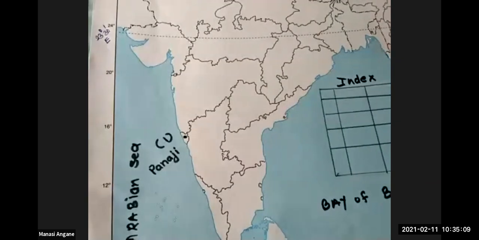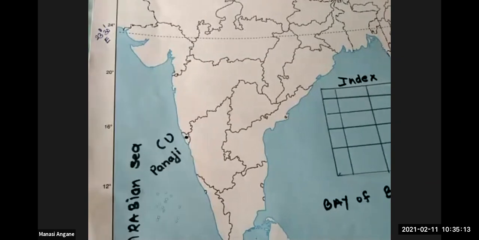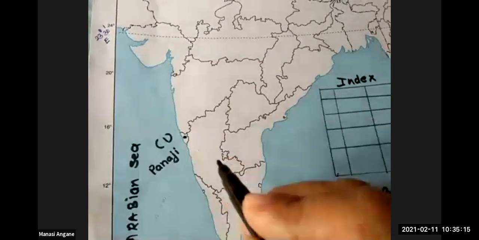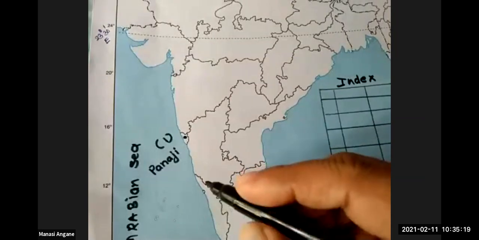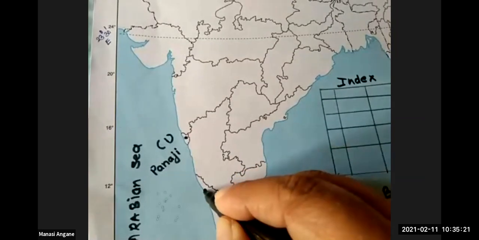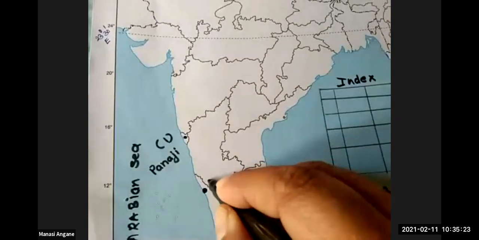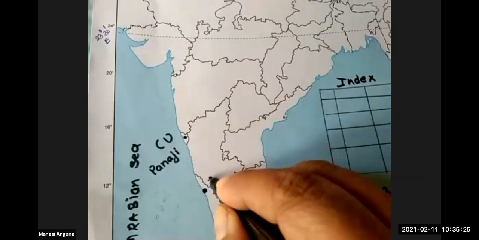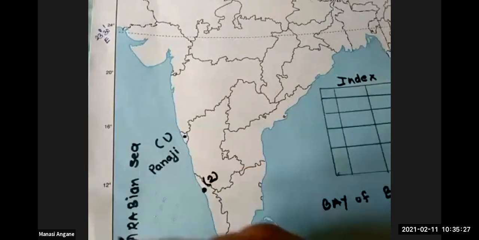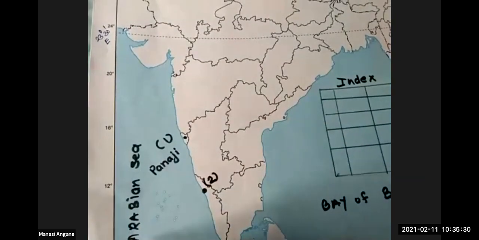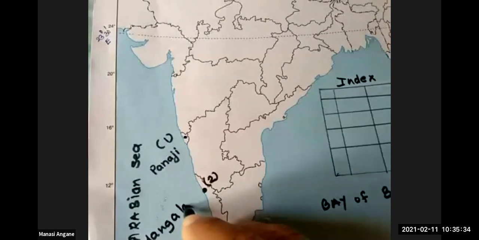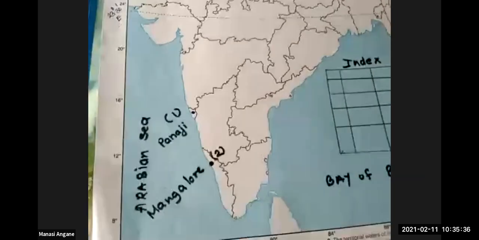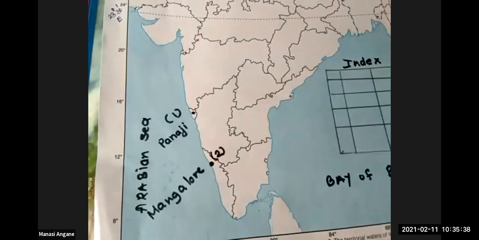Now next it is asked for you Mangalore. Now Mangalore, where is it? Mangalore comes in the south, down near the coastline only. So this particular part, we can put number 2 over here, and you can write Mangalore.